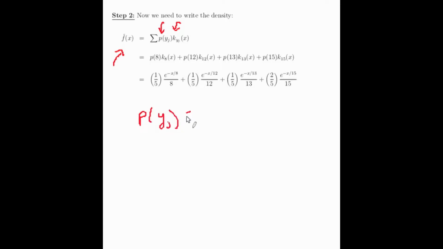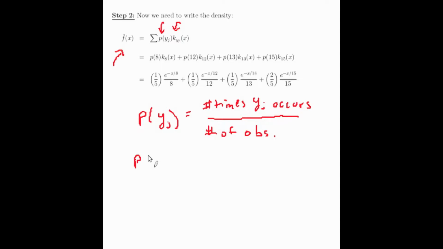The probability of y_j is really easy. It's equal to the number of times y_j occurs divided by the number of observations. So in our case, the probability of 8 is just equal to 1/5 because there are 5 total observations and 8 occurs once.